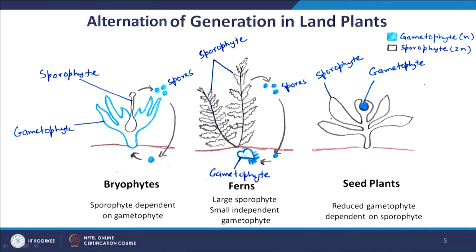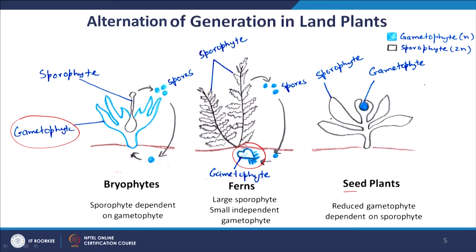Further, if you look at the alternation of generations across the land plants, there are a few important things you can see. In Bryophytes, the major part of the life cycle is the gametophyte, and the sporophyte is dependent on the gametophyte. But from ferns onwards, the major, large form is the sporophyte, and the gametophyte is a small independent form.